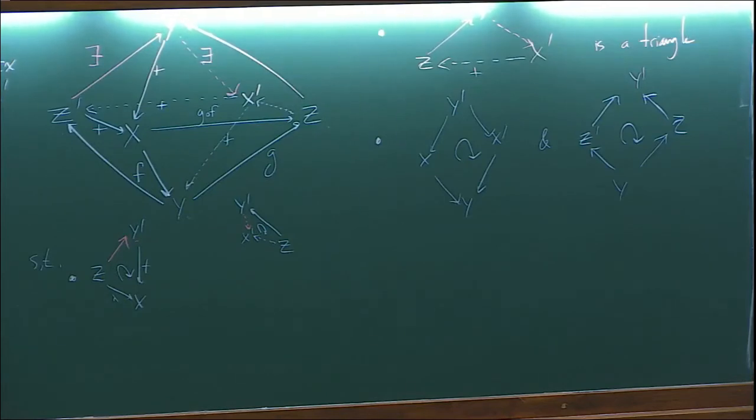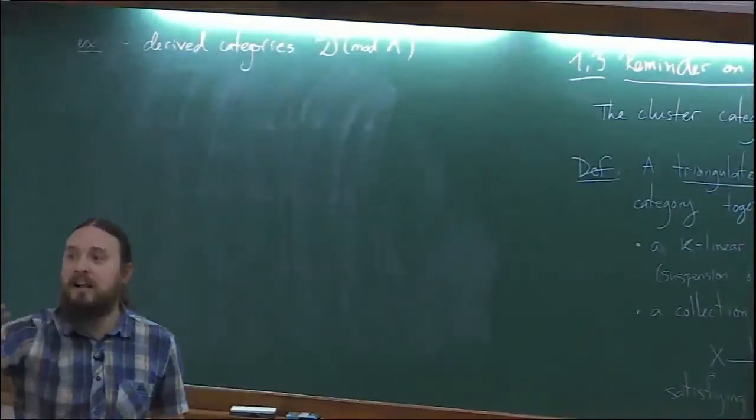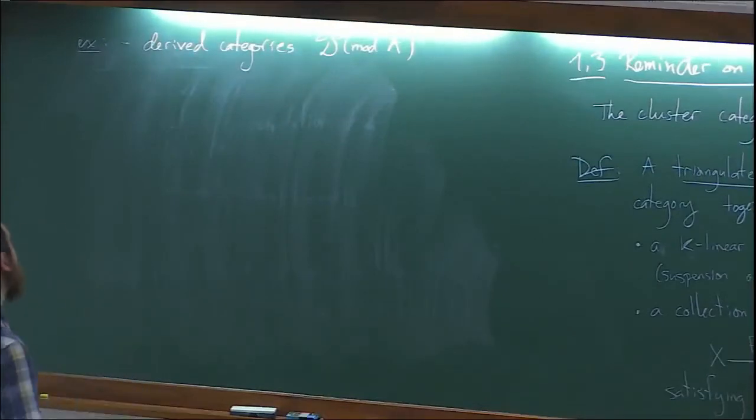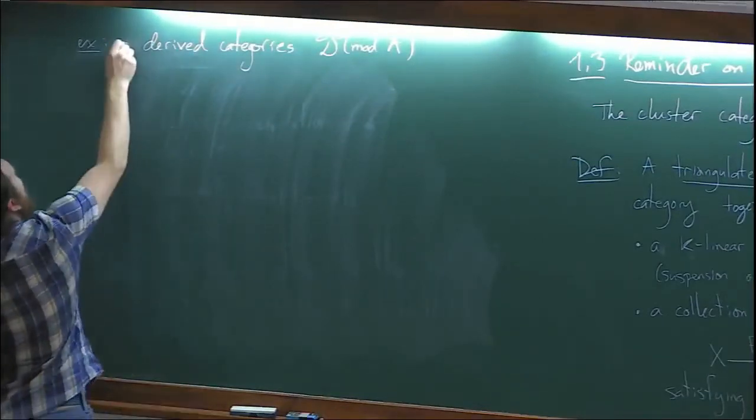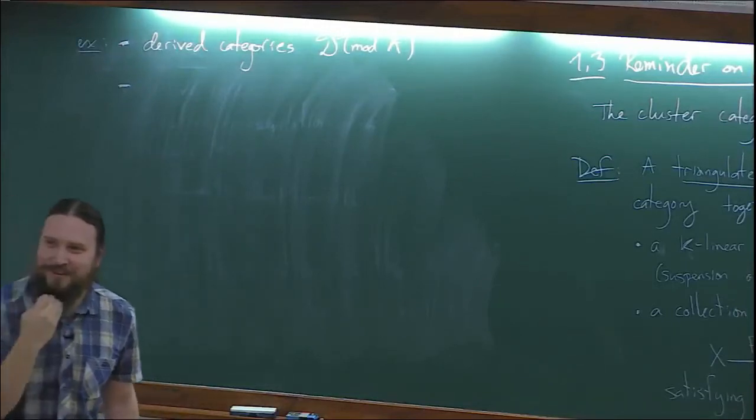So examples of triangulated categories that we've seen is derived categories. I'll come to this, but I don't want this lecture to become a course on triangulated categories. I have other things to say as well.